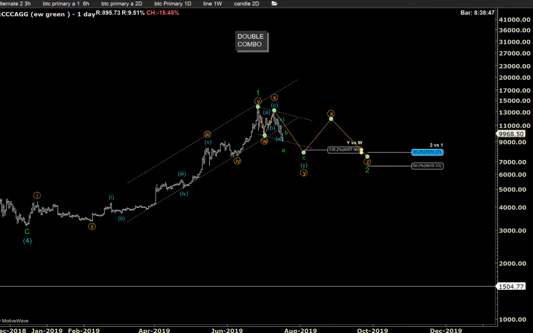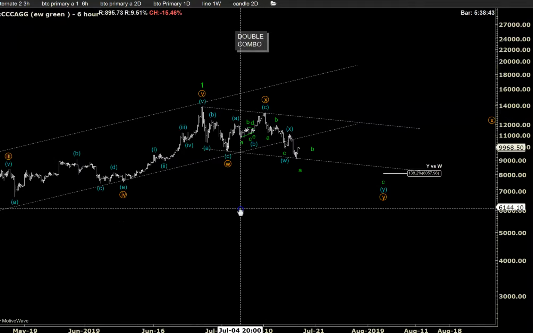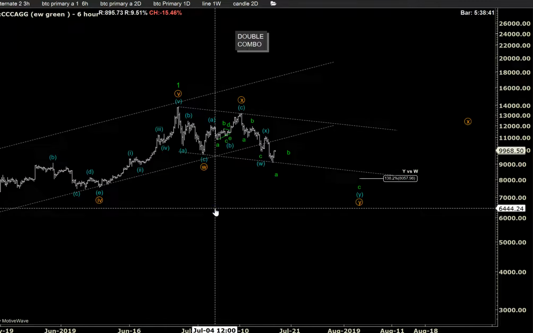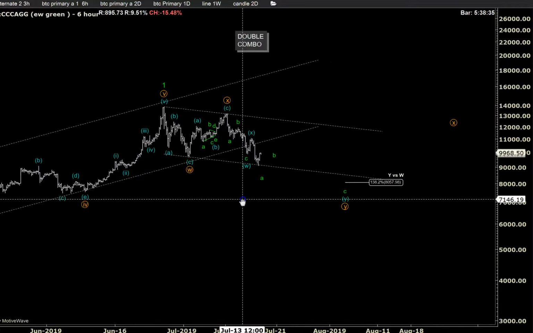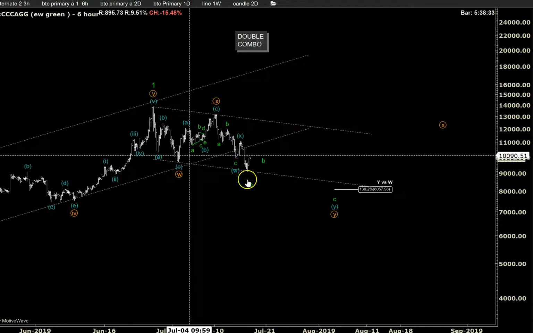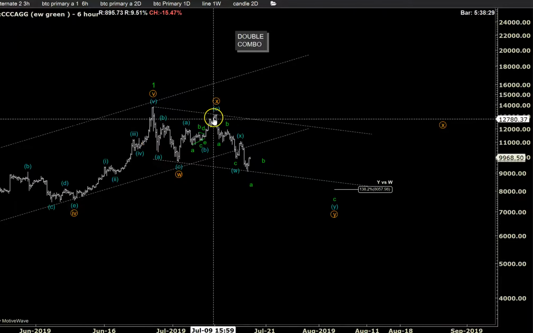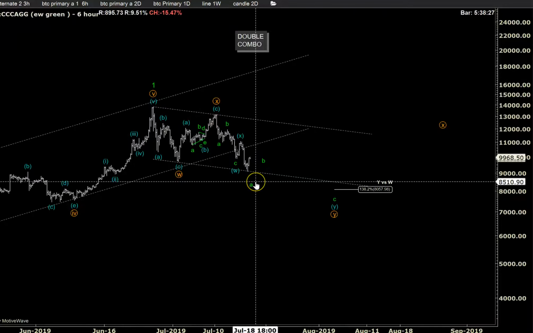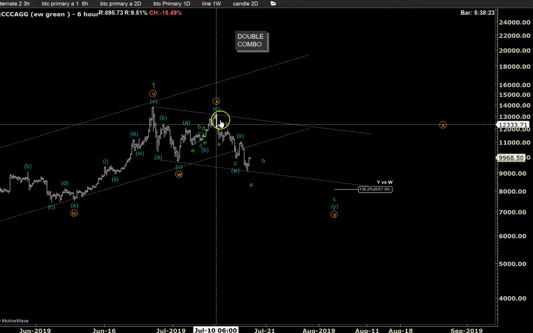So if I go to a 6-hour chart, you can see how this subdivides. For this to be a double combo, we would need to have either an ABC or a WXY into these legs. The thing is that you can still have a flat in here. It doesn't necessarily have to be a WXY.